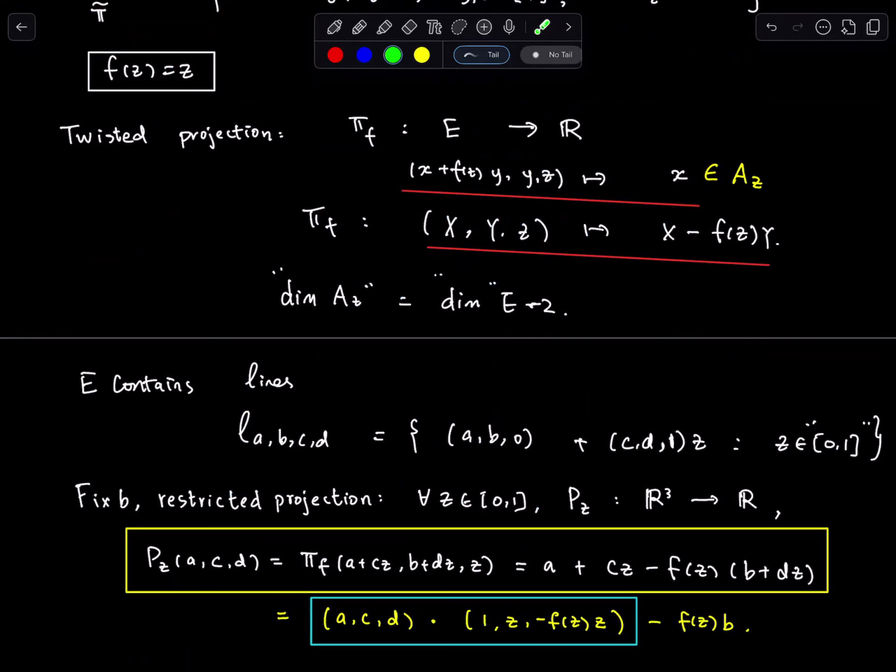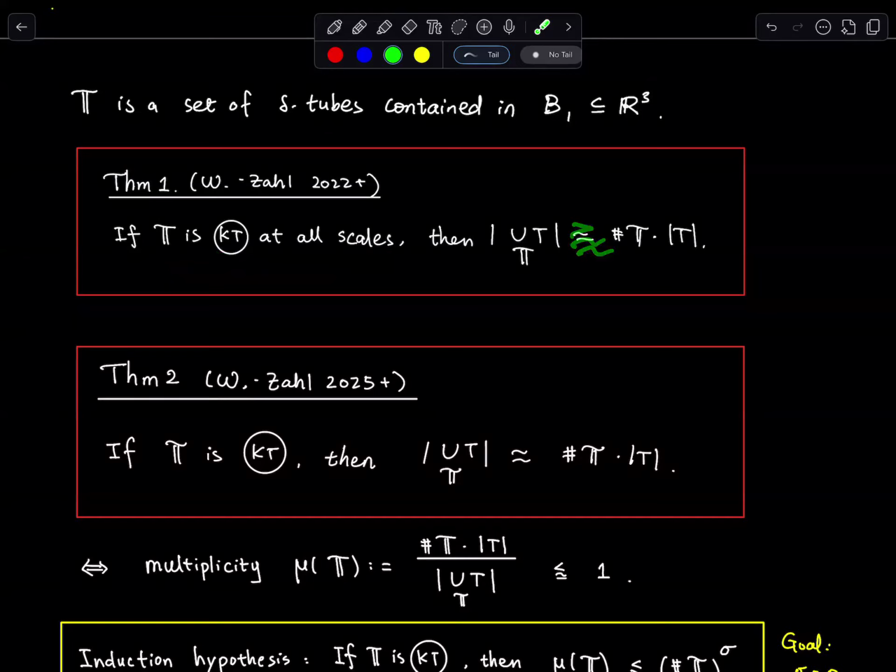Are there more questions? Okay, so let's summarize what we have done. We show that suppose T is a set of delta tubes contained in the unit ball, and also suppose the set of tubes is sticky, which means it satisfies the Katz-Wolff axioms at all scales. Then the union of tubes has volume approximately the number of tubes times the volume of a single tube.